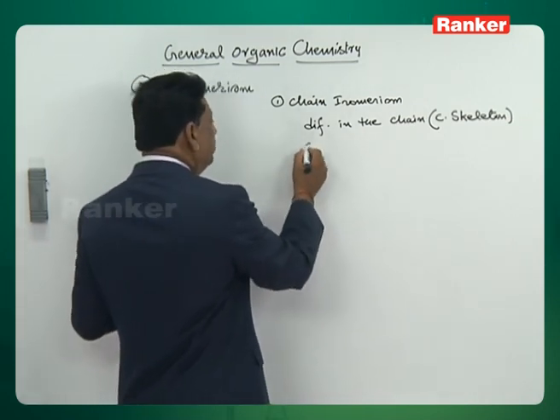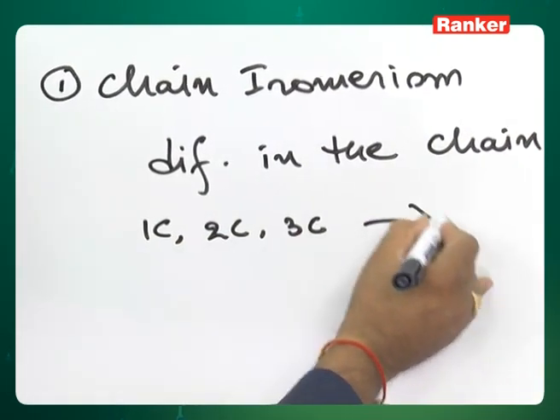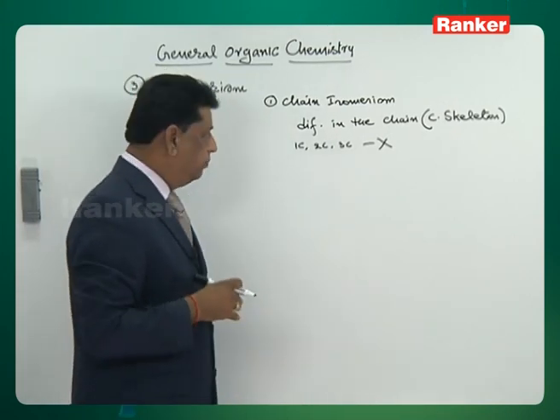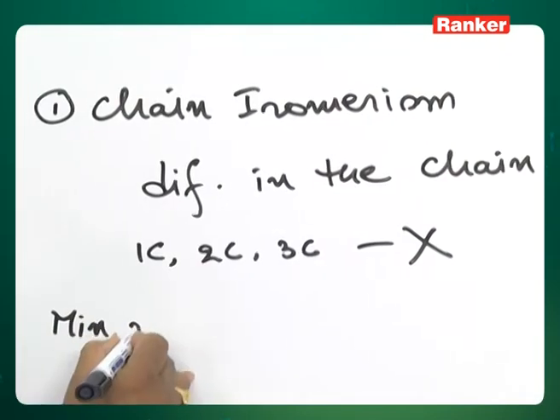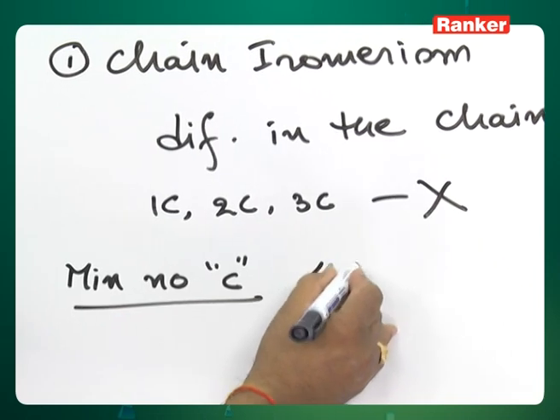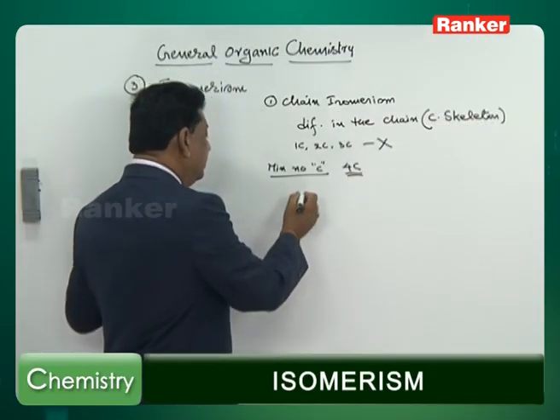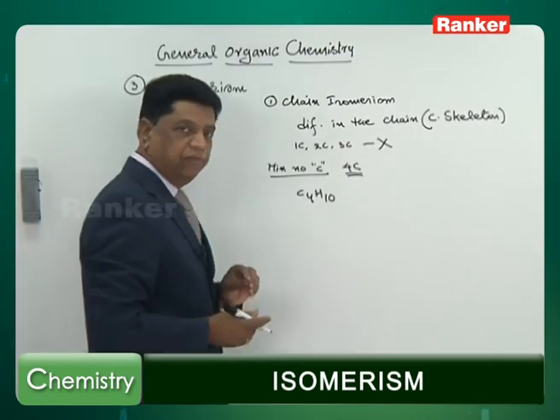The compounds with 1 carbon, 2 carbons, or 3 carbons cannot show chain isomerism. That is a simple rule you can pass. The minimum number of carbons required is 4. With 4 carbons, we have one example. 4 carbons means there will be 10 hydrogens for an alkane system.